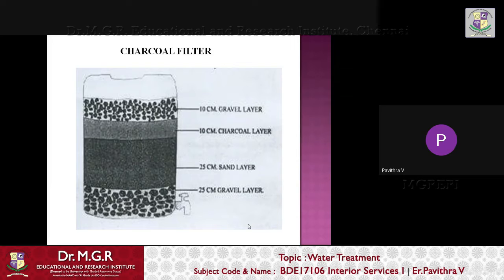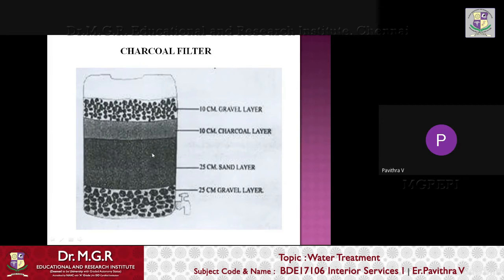When you commonly know what the different types are, that is enough. From the name itself, you know that we will have a layer of charcoal in the charcoal filter, and gravel and sand, which are commonly used in the filtration process.